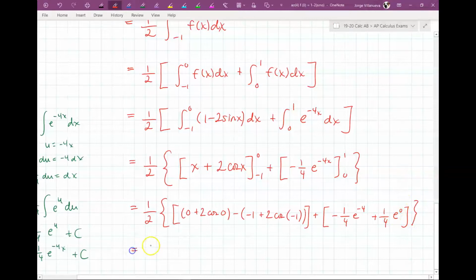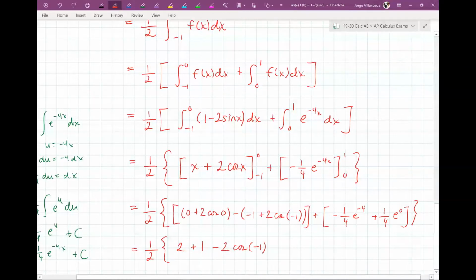All right. So 1/2 integral of 0 plus 2 cosine of 0. Cosine of 0 is 1, so this will be a 2. And then plus 1 minus 2 cosine of -1.